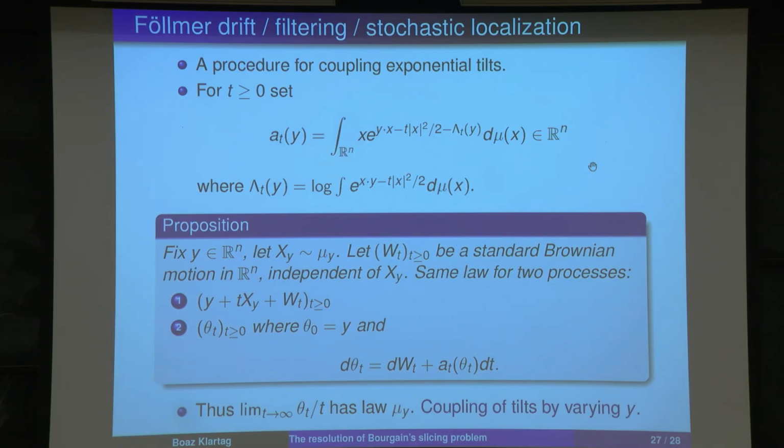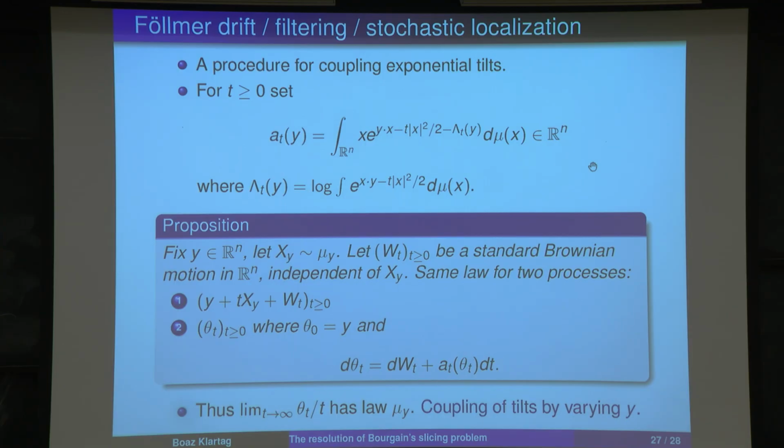And this has a nice consequence. This process here does not depend on X_y at all, right? It just depends on the starting point. If I start at y and run this stochastic differential equation, at time t I get this process here. So for example, if I divide theta t by the factor t, at time infinity this goes to 0, and I'm going to get X. This means in particular that if I start at time 0 at the point y, the process has a limit distribution, and the limit has law mu_y.